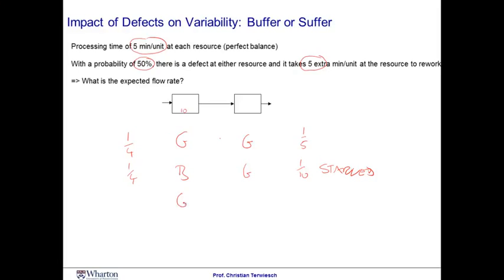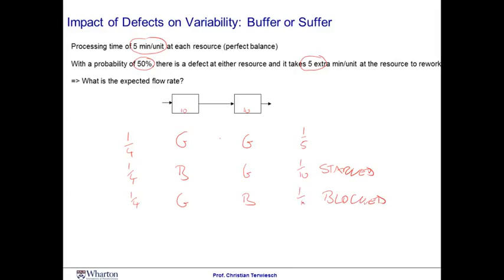Now, the opposite can happen of course as well. The second step messes up. The first one operates correctly. Again, that happens with a probability of 1 over 4. And in this case, you notice that the first step doesn't have any place to put the flow unit, right? Because the second step is still working on the flow unit. And so we say in this case, the first resource is blocked.